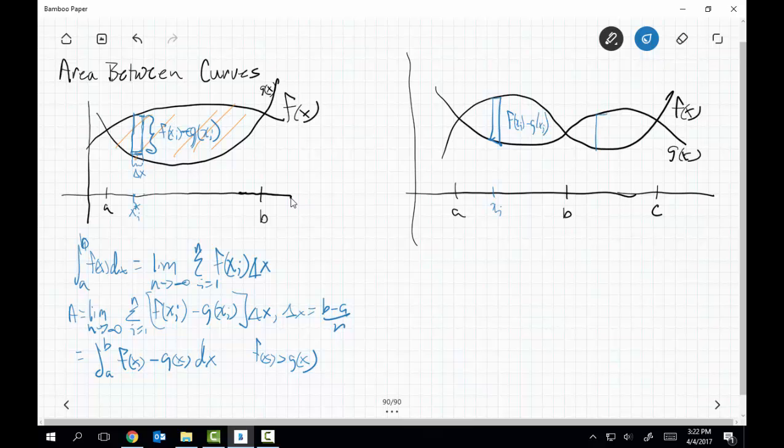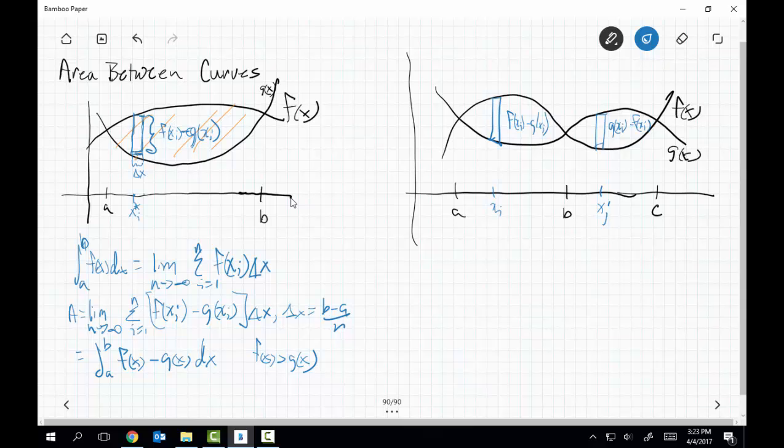And then over yonder, if you notice, this guy is on top. Let's call this x sub j. Who cares, right? That changes because now g is on top. g is farther away from the x-axis than f is. So this would be g of x sub j minus f of x sub j.